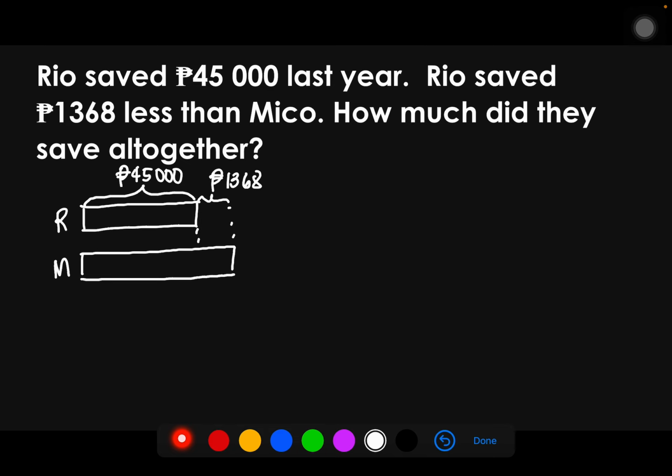And then we are trying to find how much they save altogether. So for us to find the total for both of them, we would first have to find how much Miko saved last year. So with that being said, we have Miko's model longer, and to get his savings, we need to add.